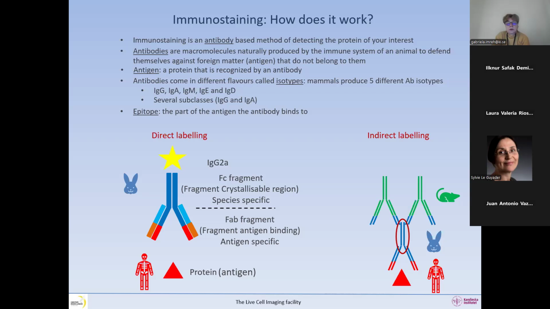The green mouse's immune system will respond again by producing antibodies with a FAB fragment which will recognize the FC part of the rabbit antibody, and with its own FC part, telling the mouse that it produced it. And now we label the FC part of the mouse antibody, and then we can visualize our antigen. The antibody which is not labeled is called the primary antibody. The antibody that is labeled is called the secondary antibody.